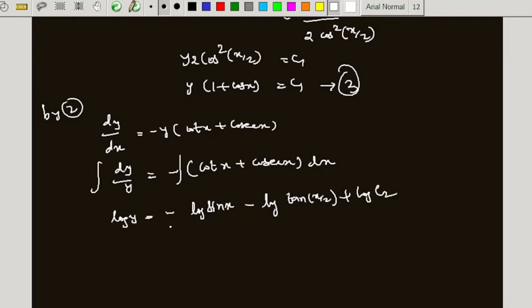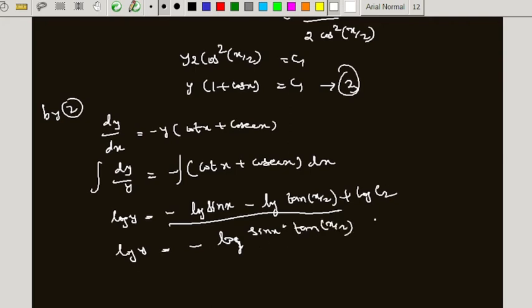So here we have the minus in the left hand side, and we can write this as minus log sin x into tan of x by 2, and this one we write it as plus log c2.